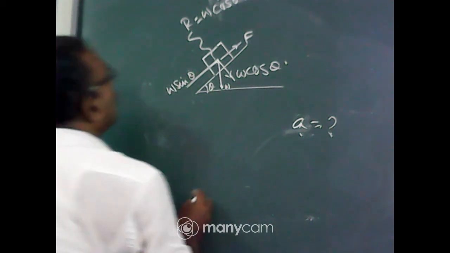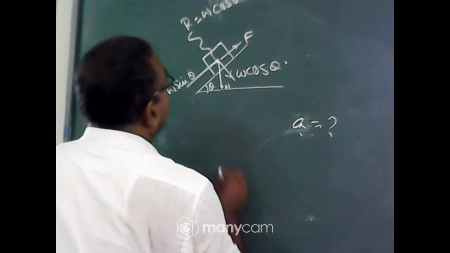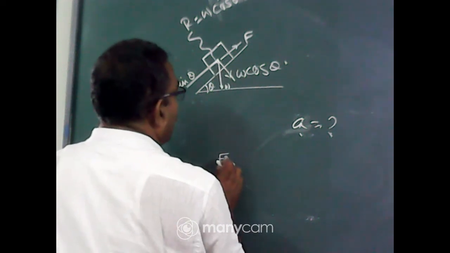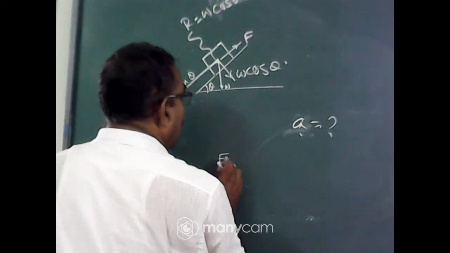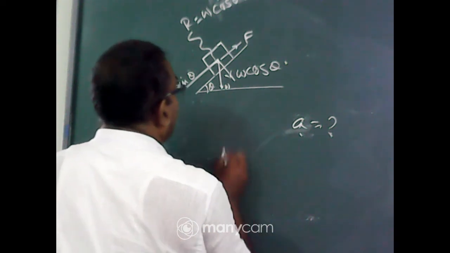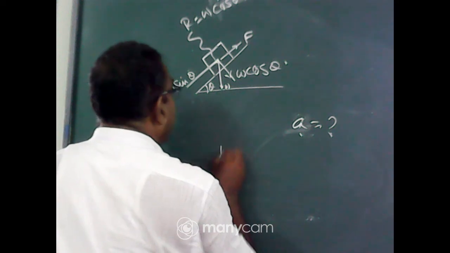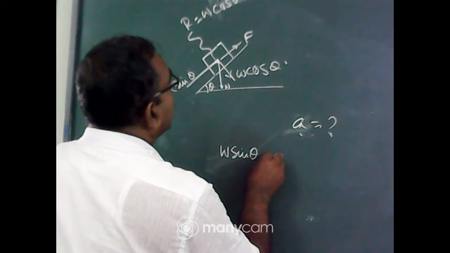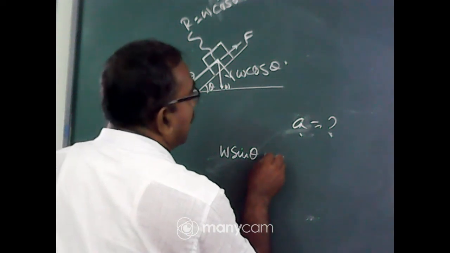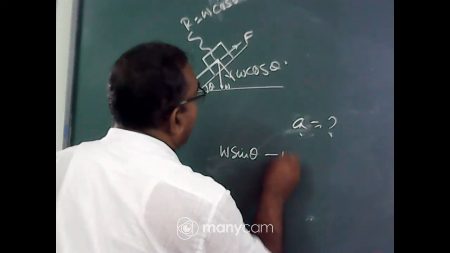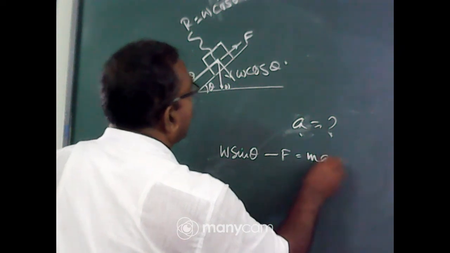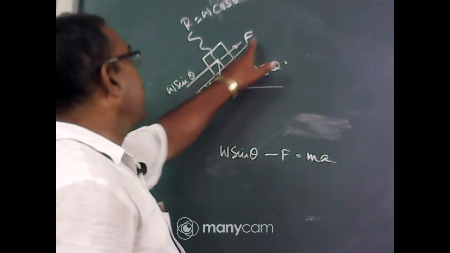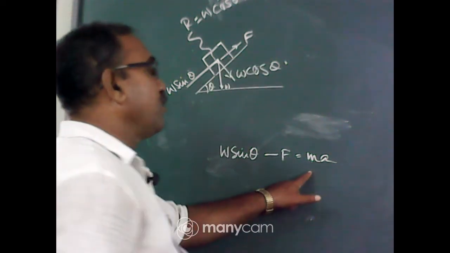So, you know here what will be its value when it will be at rest. When it will be in motion, it will be W sin theta minus F, that is equal to m into A.